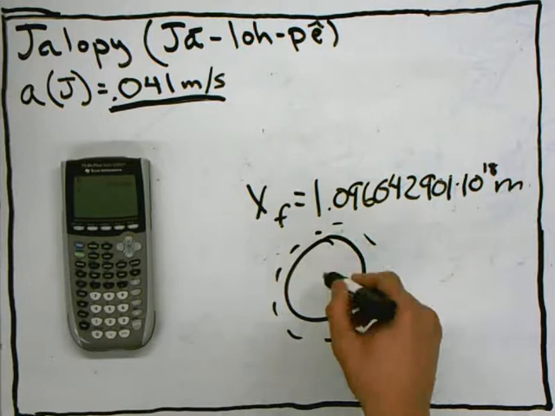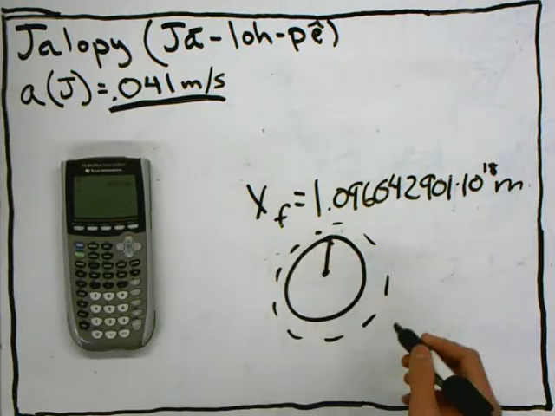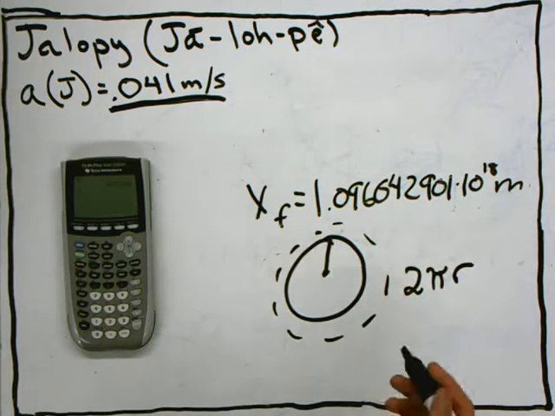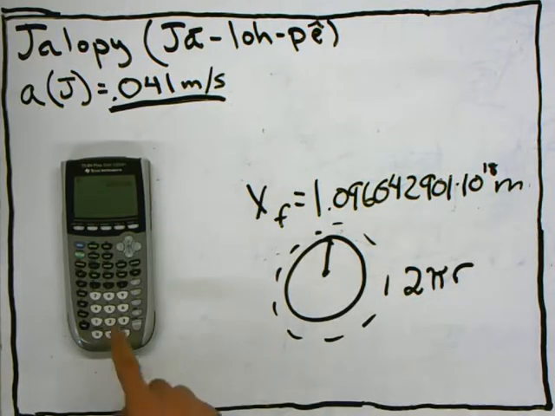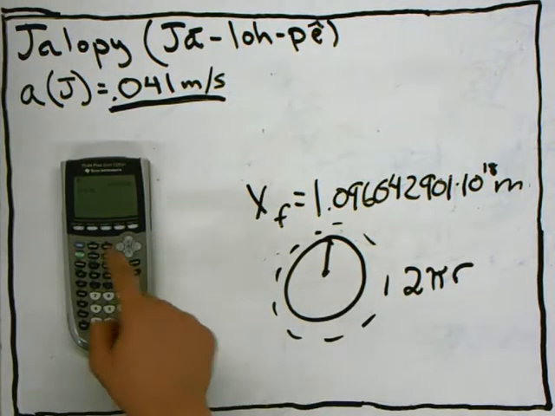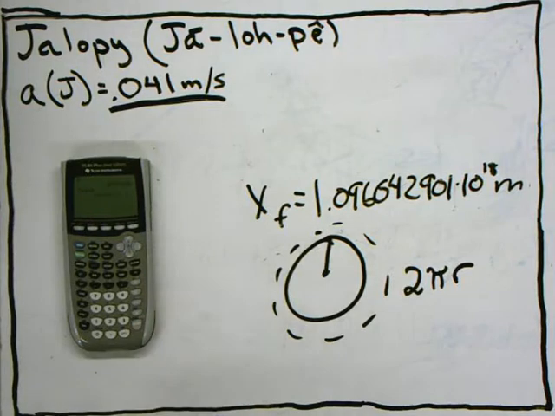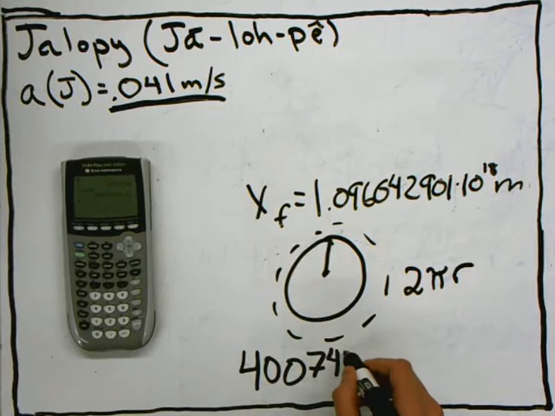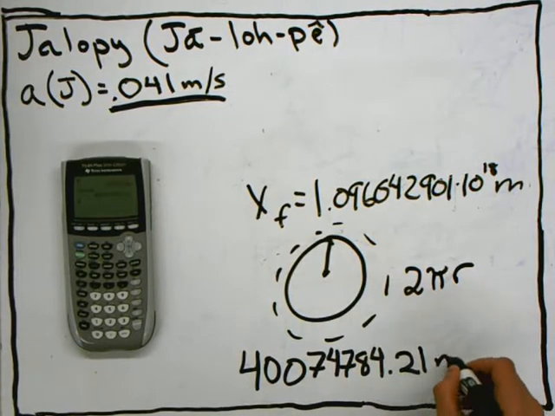So 2 pi r is going to be the circumference. So 2 times pi times the radius is going to be that, the circumference of the Earth in meters.